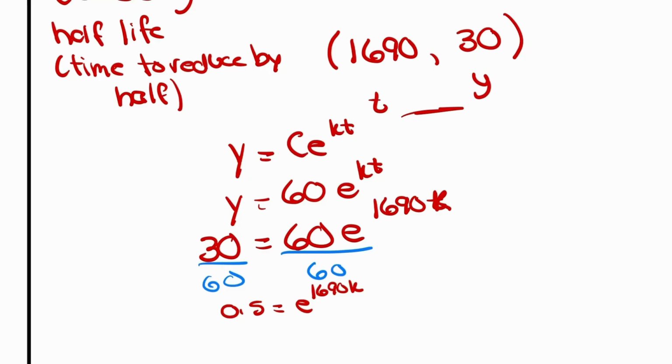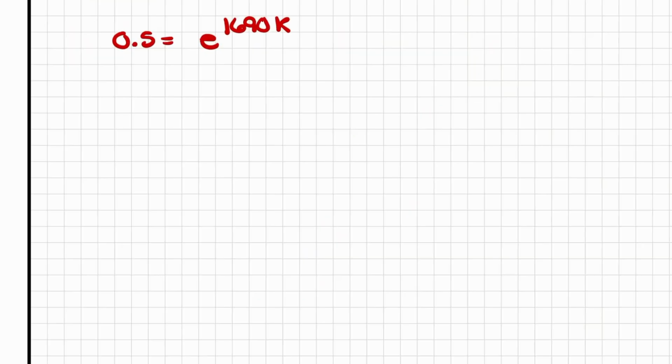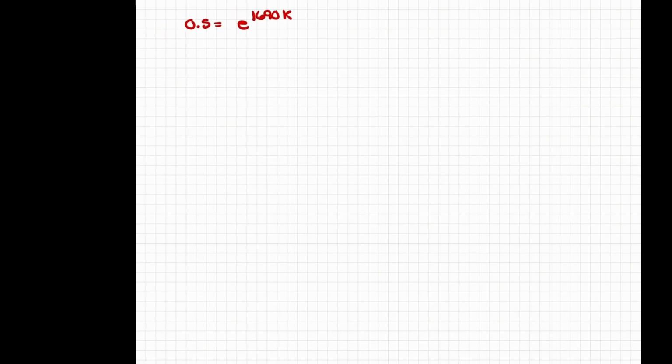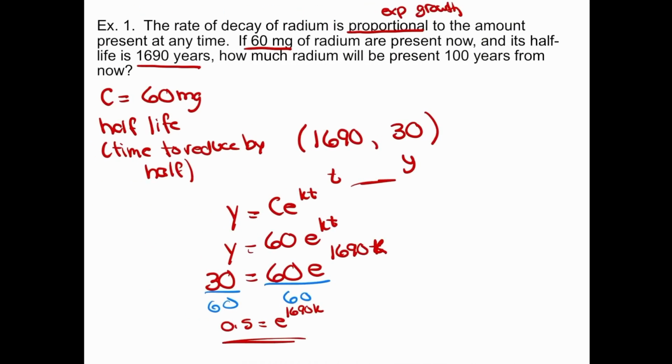Now we can use implicit differentiation, so take the natural logarithm of both sides to figure out what our k value will be. I've put it on a second piece of paper just to give us a little bit of room. We have 0.5 is equal to e raised to the power of 1,690 times k.